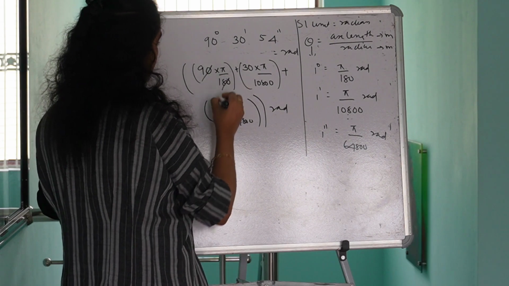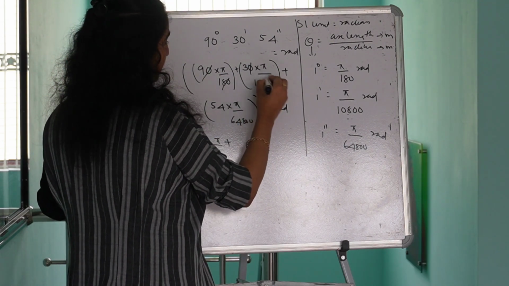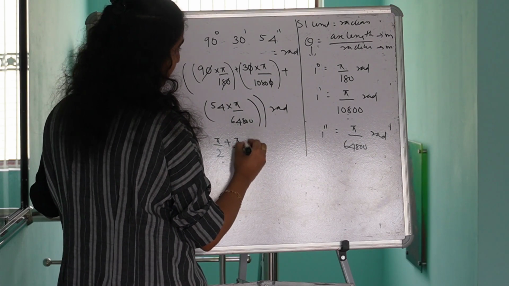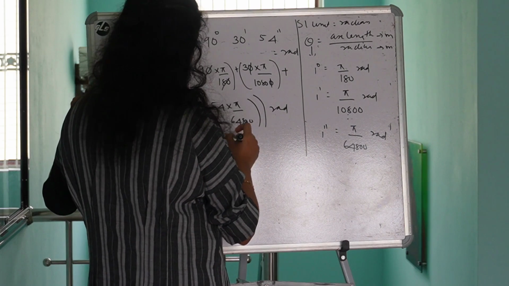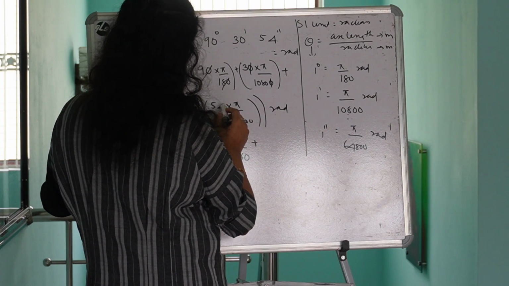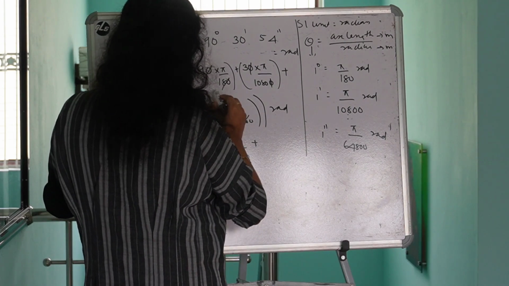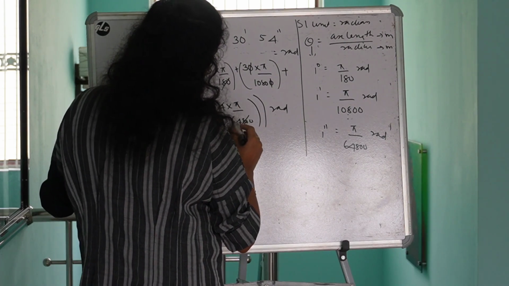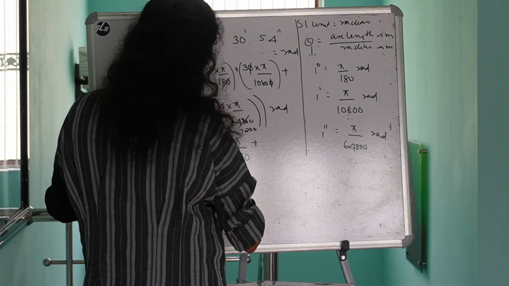So when I solve this, I will get pi by 2 plus pi divided by 360 plus again, if I divide by 9, here I will get 6 and here I will get 7200.